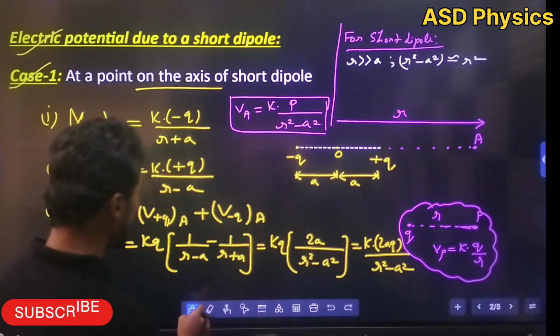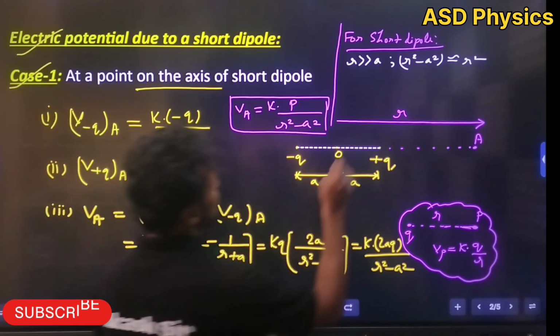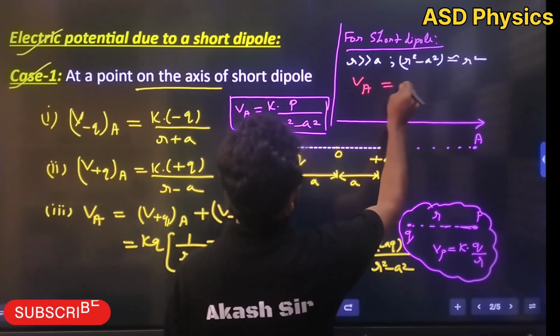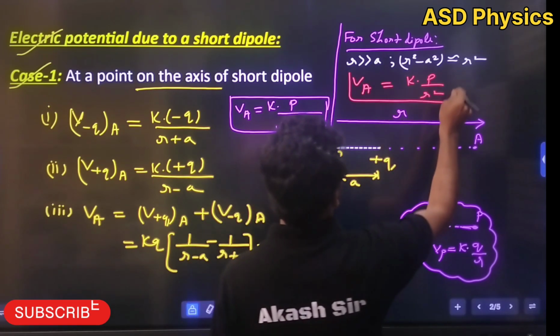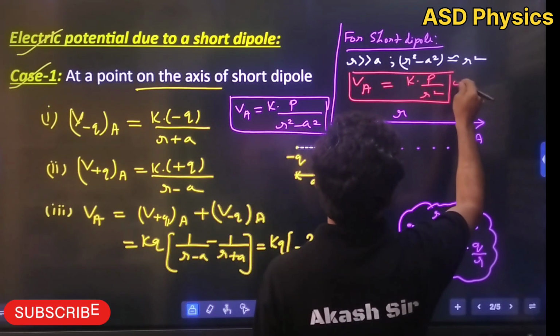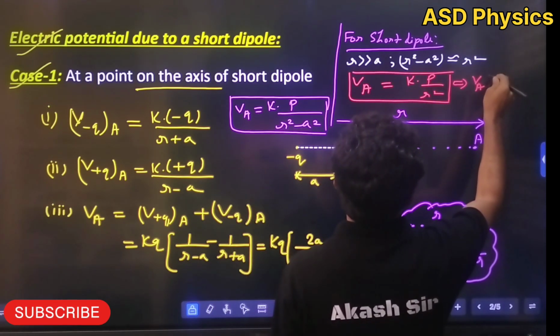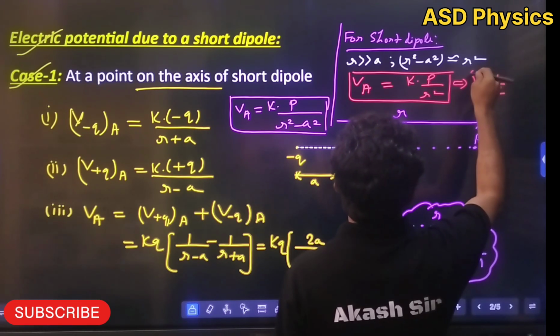That means the overall potential will be K into P by R square. So you can see that the potential at point A is inversely proportional to R square.